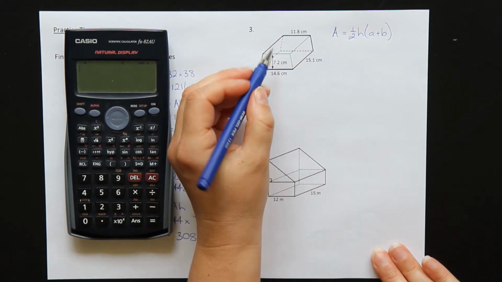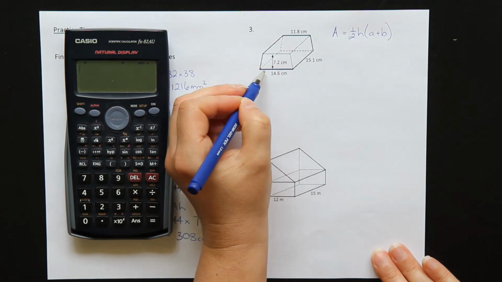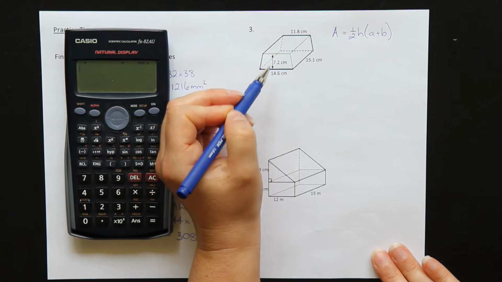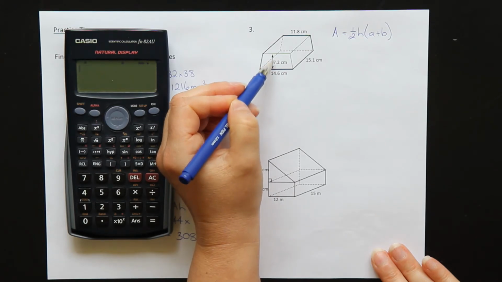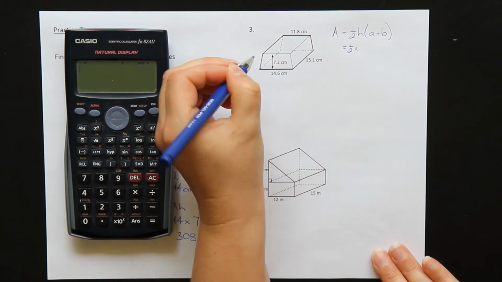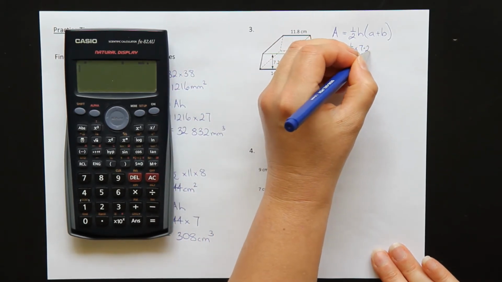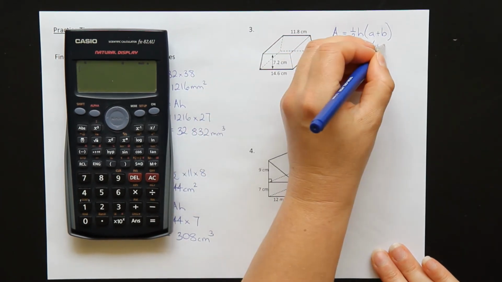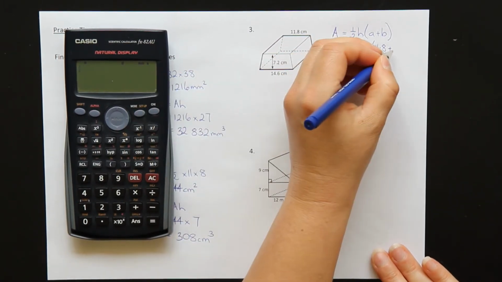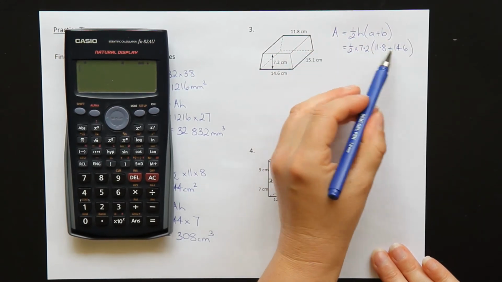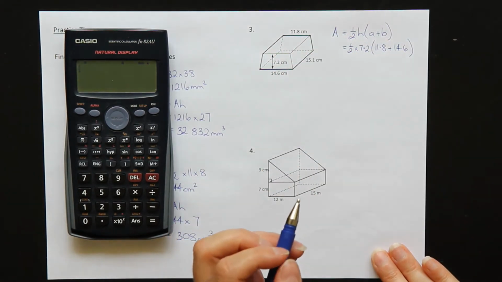So the A and the B are the 2 parallel sides, which will be 11.8 and 14.6, and the H is the height in between the two. So subbing that in, the height is 7.2 bracket, A is 11.8 and B is 14.6. It wouldn't have mattered if you had put A and B around the other way.